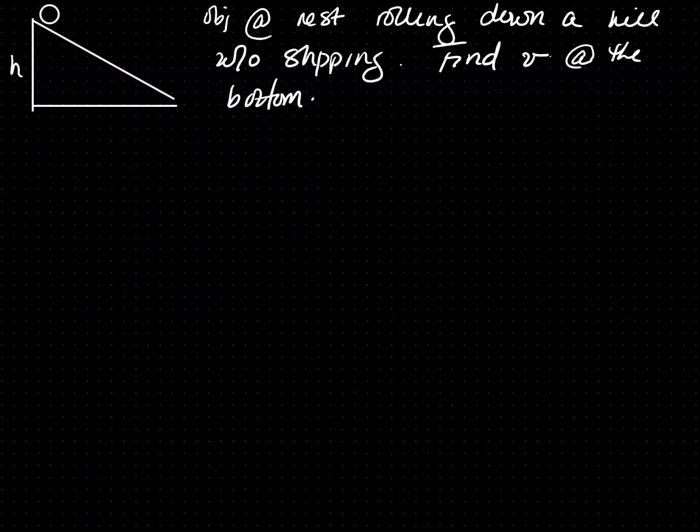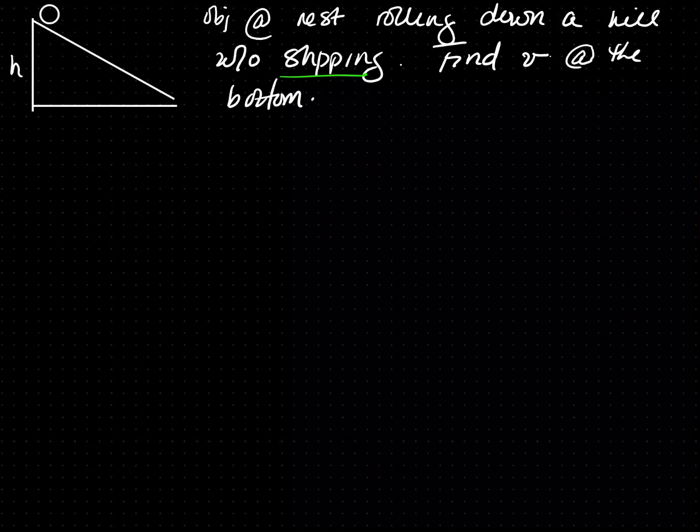Let's say now, instead of having a box sliding down the hill, we have a sphere rolling down the hill. Since it's rolling down the hill without slipping, energy is also going to be conserved. We're going to also start with mechanical energy initial equal to mechanical energy final.